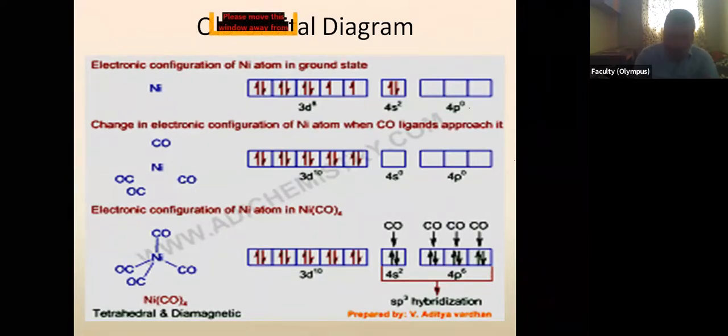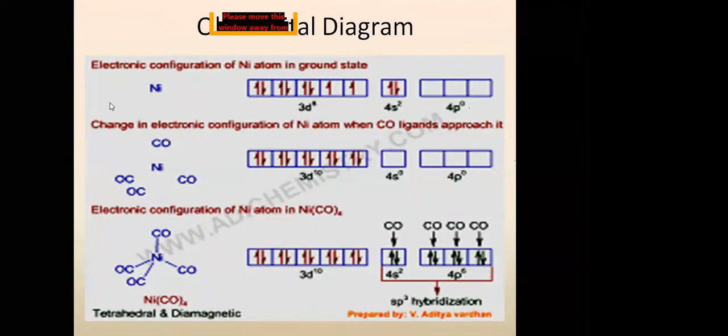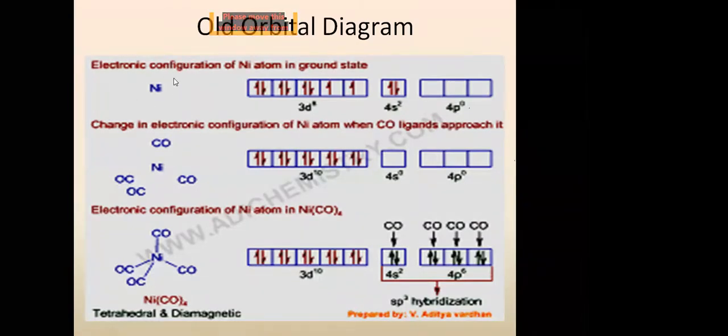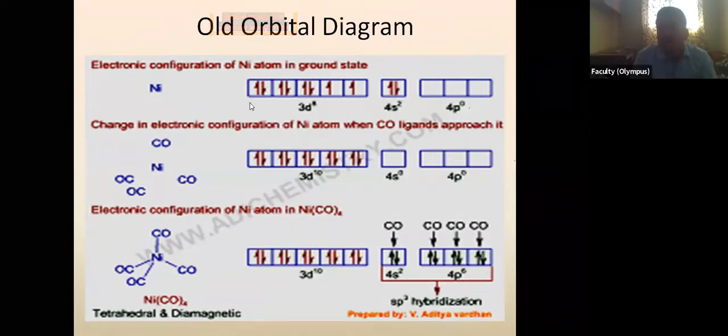Now we will see the orbital diagrams, what type of hybridization should be there. So what is the atomic number of nickel? Tell me someone. 28. Its electronic configuration you are seeing on your screen.